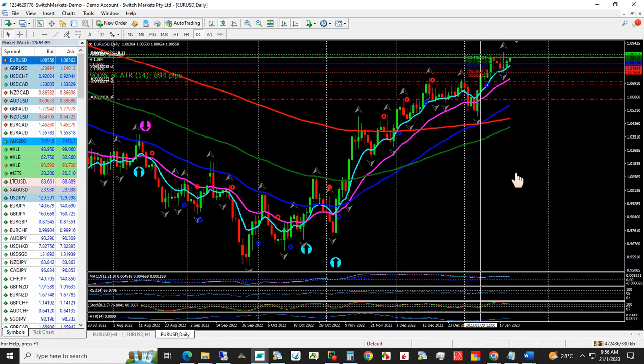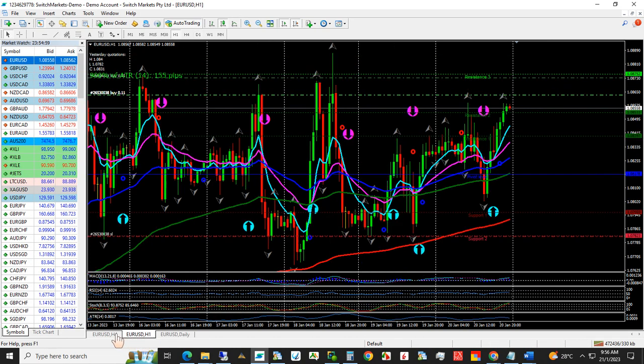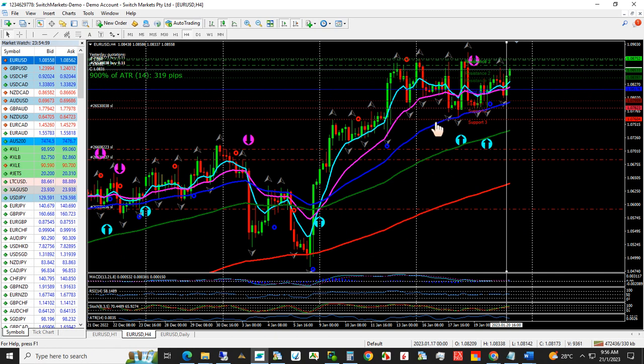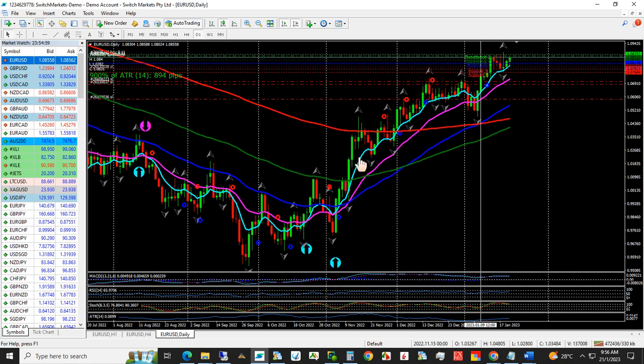Hence you'd have seen that you would be able to use the various time frames and combine the strategies. What we normally do is we could have the 1 hour first, then we go to the 4 hour, then we go to the daily.